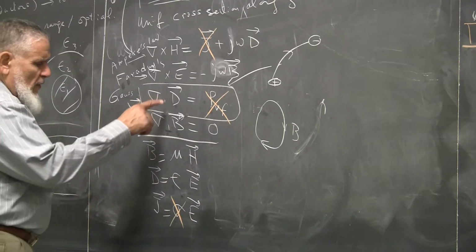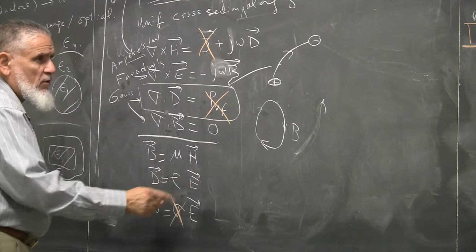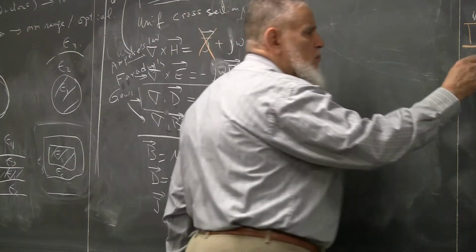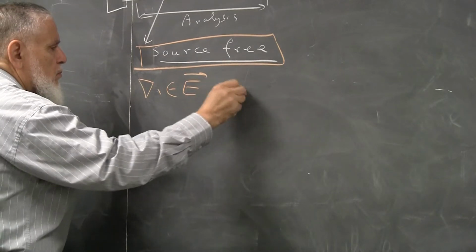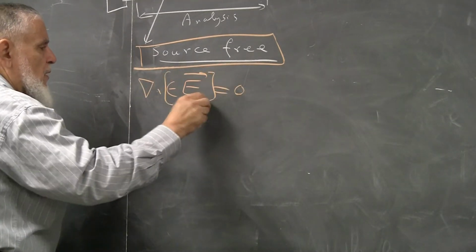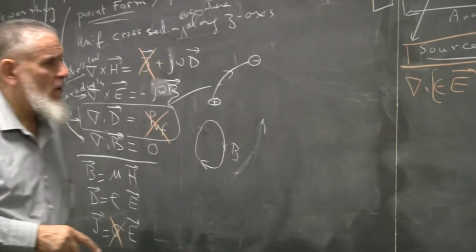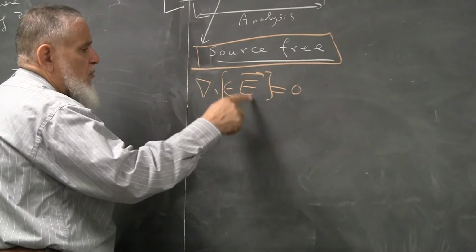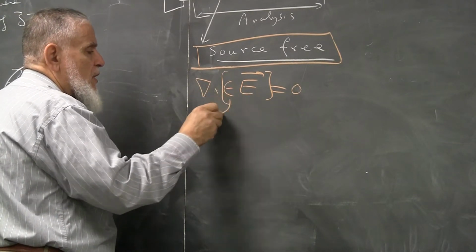Now, if I put this to that, that means div epsilon E is equal to 0. And div is a differential operator, right? The divergence is a differential operator. And when you operate on a product, you have to worry about the derivative of the first and derivative of the second. But if the first is constant, that means I can take it out.